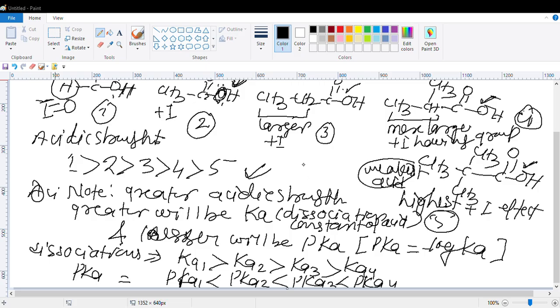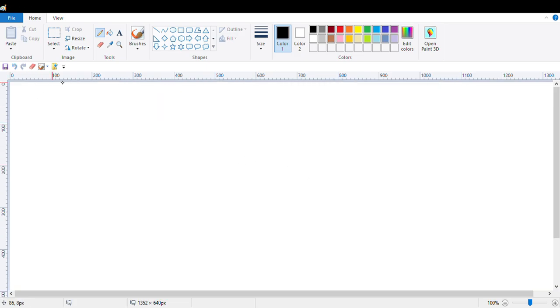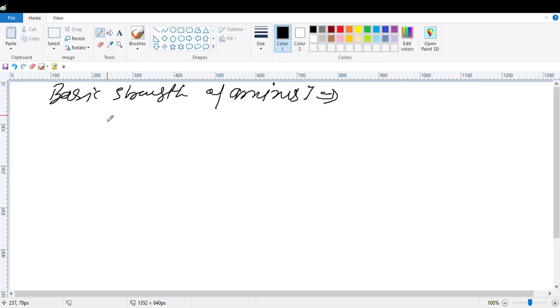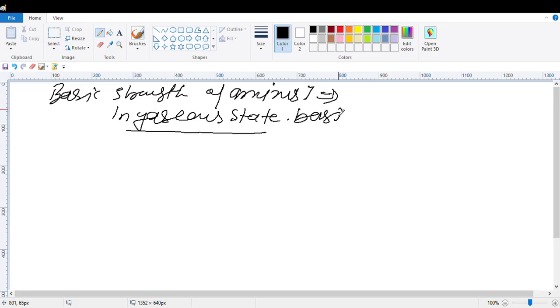Next, we are coming to the property using plus I having group: basic strength of amines. In the gaseous state, basic strength is directly proportional to the plus I effect of the alkyl group.